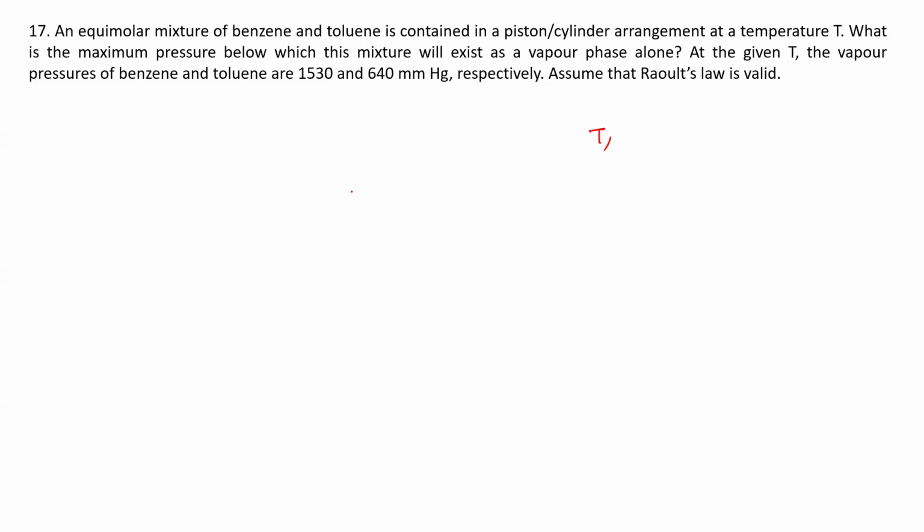We are talking about a given temperature, so the temperature is fixed. We have a pressure profile for vapor liquid equilibrium like this, with pressure against X and Y. What they are asking is, for a given temperature, what is the pressure, the minimum pressure where only vapor will be there.